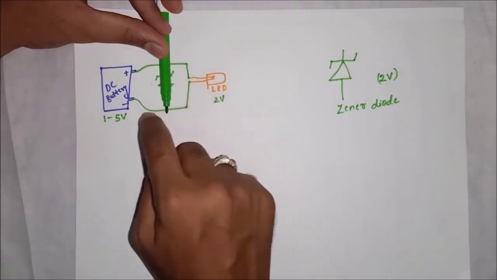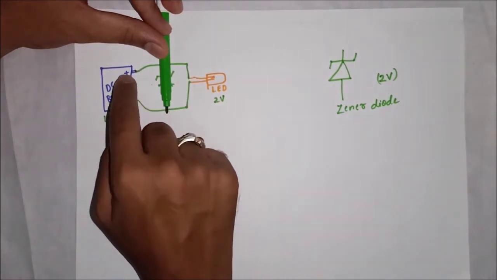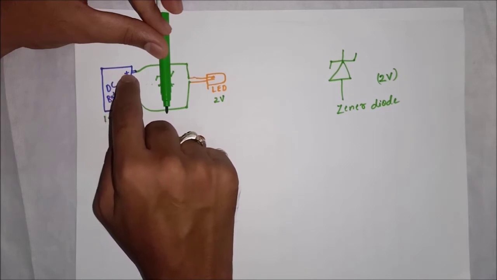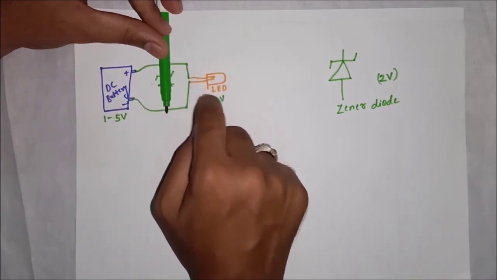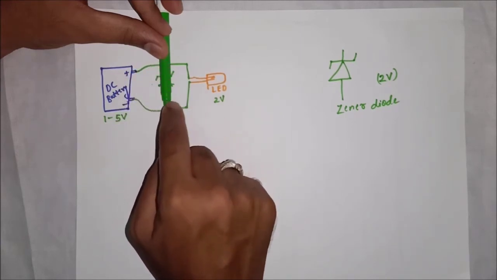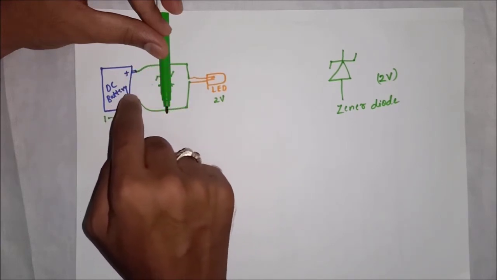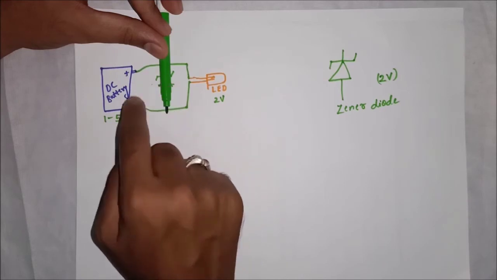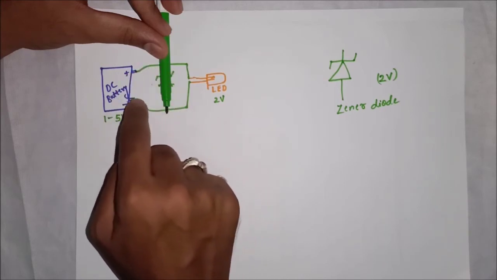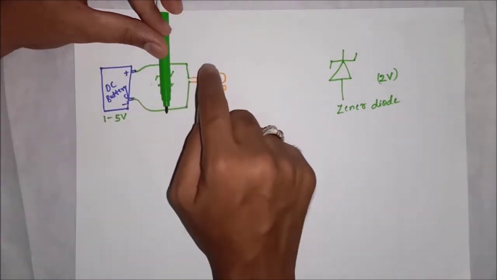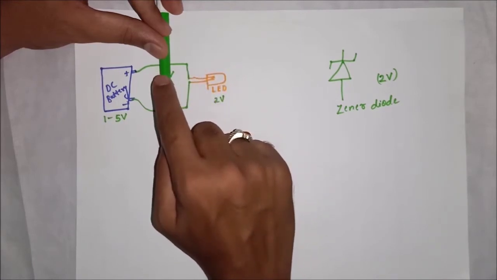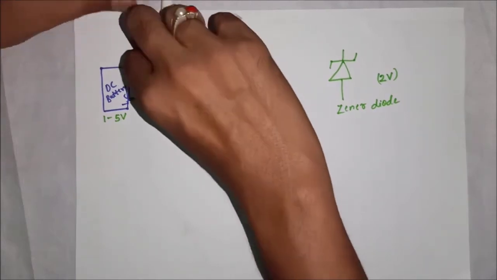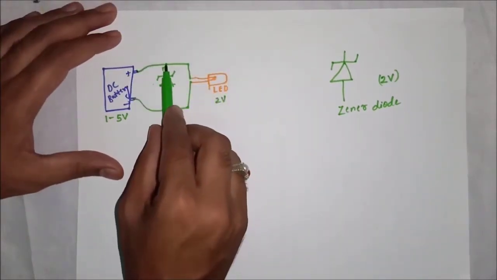It is just as if a wire is connected, so whatever current comes here doesn't pass into the diode and the LED. It just makes a path back into the battery. So the current comes here and goes back to the battery, so the LED doesn't glow. So we always have to use our Zener diode in reverse bias condition like this.